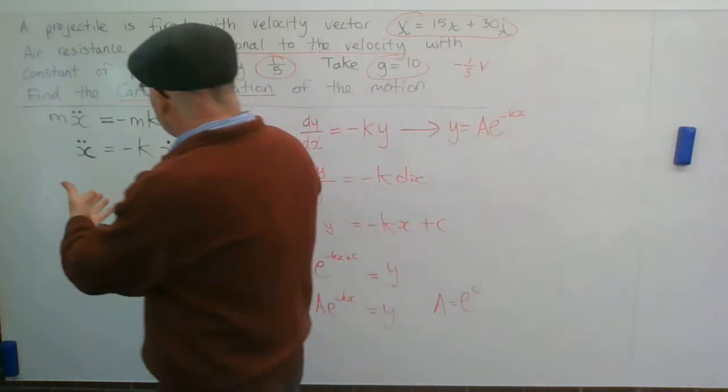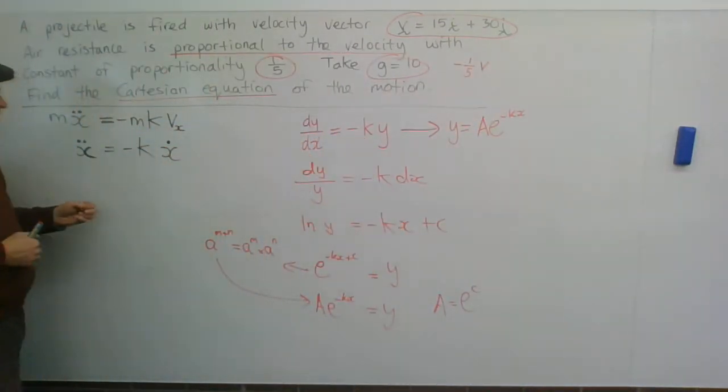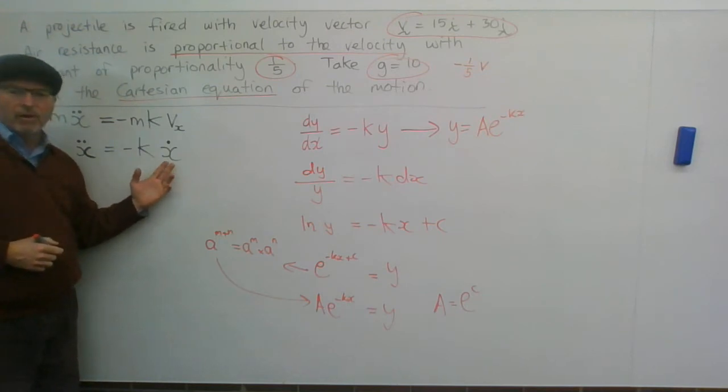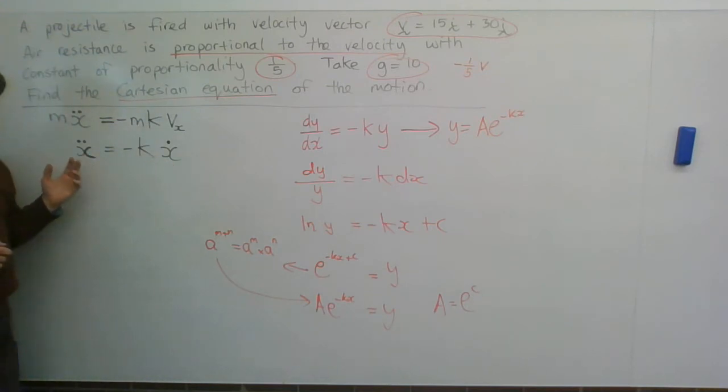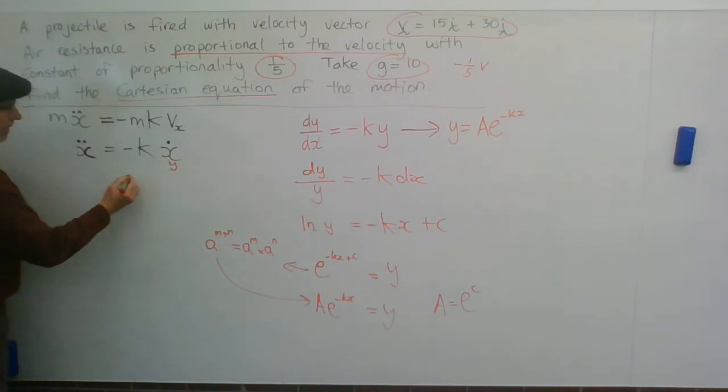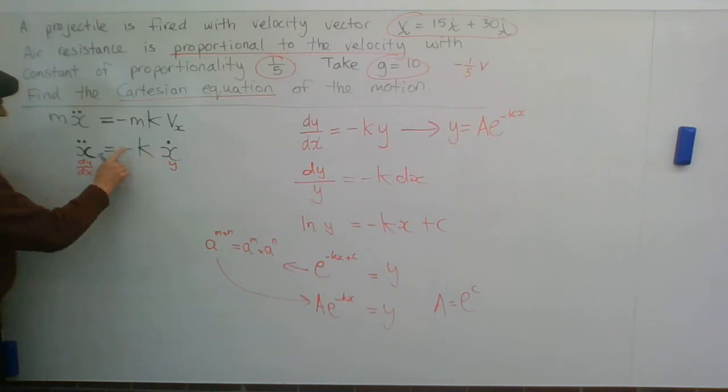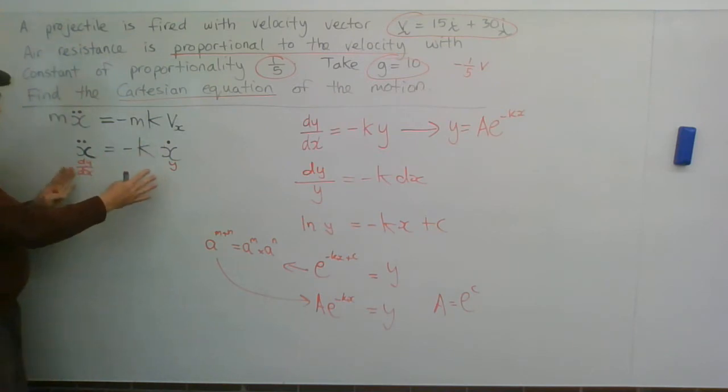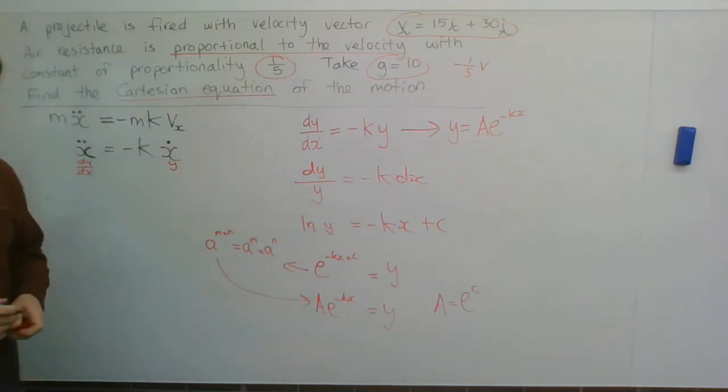Now, this is the same thing because this is the velocity and this is the derivative of the velocity. So if you like, this is our y, and then this would be dy/dx, wouldn't it? Because this is the derivative of that, the double dot, and that's a single dot. So it's exactly set up in the same way.